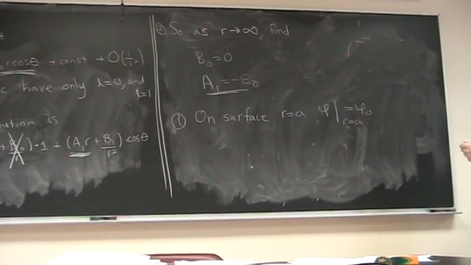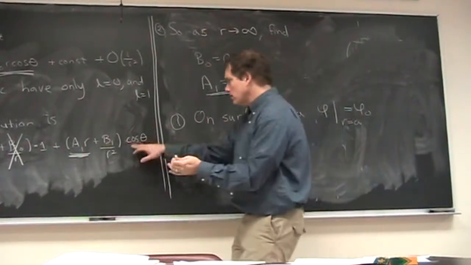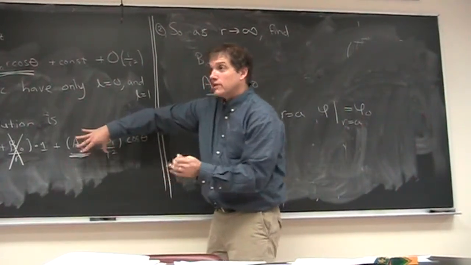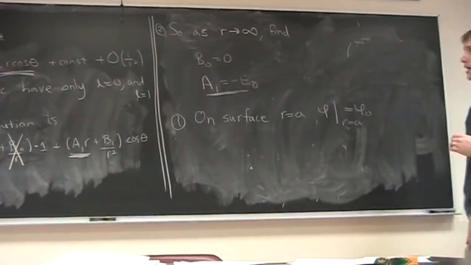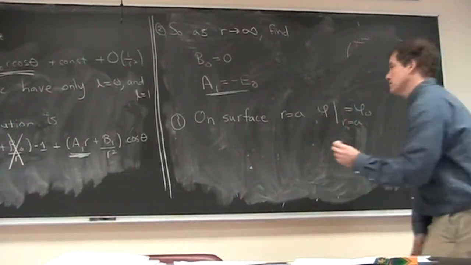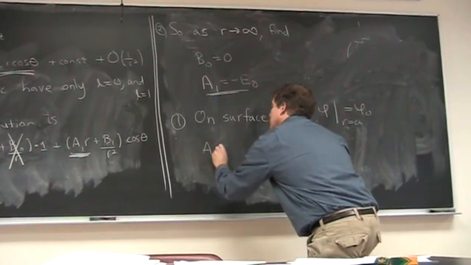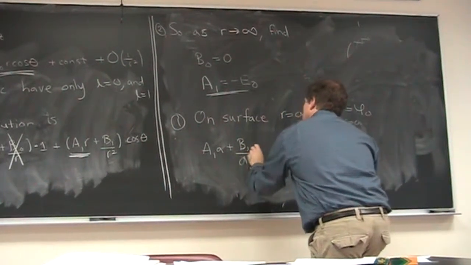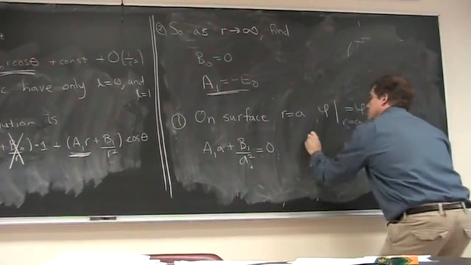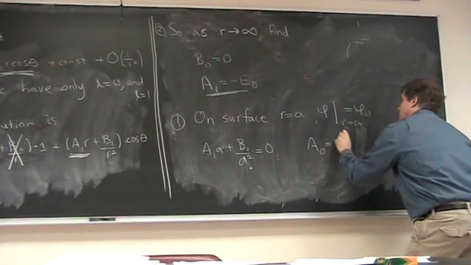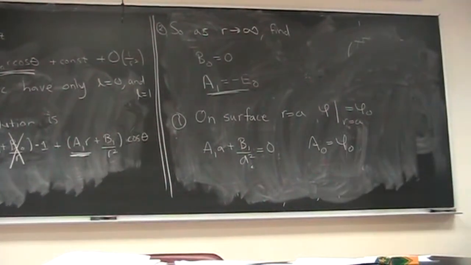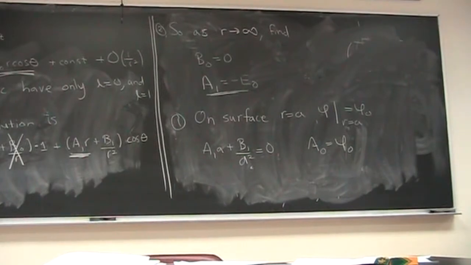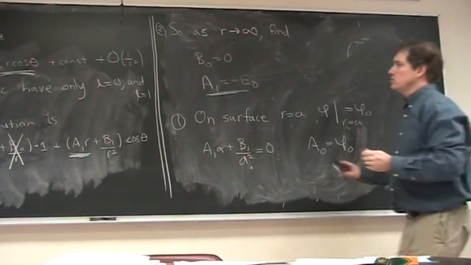It's got to be a constant independent of angle, which means that the coefficient of cosine theta needs to vanish on the surface of the sphere. So you get A1 times a plus B1 over a squared is 0, and you get that A0 is equal to phi naught.